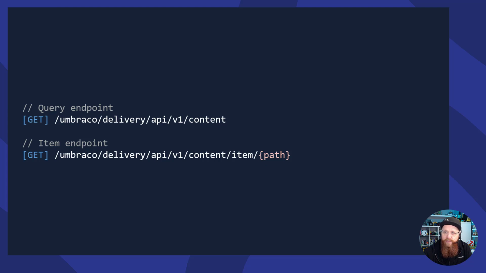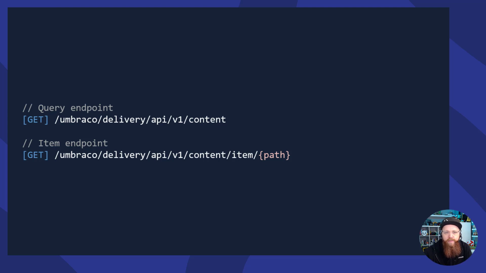So there's a few endpoints that we can use. So we've got a query endpoint, which allows us to get a list of products. This is where we'll fetch our product list or index page where we've got all the different content, and we can query on that as well. So this is how we'll be able to search and filter, etc.